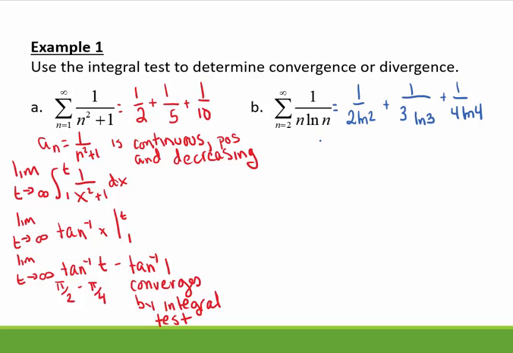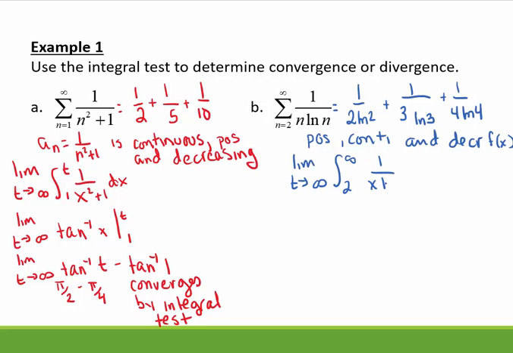So this is a positive, continuous, and decreasing function. So I take the limit as t goes to infinity of the integral from 2 to t of 1 over x ln x dx.